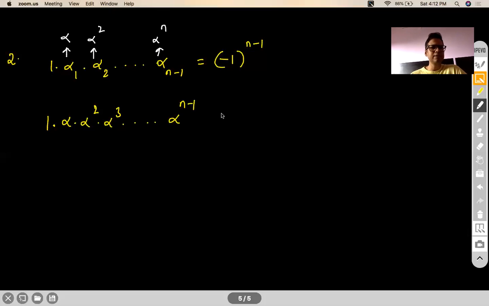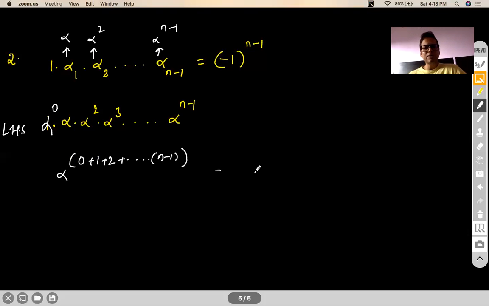Am I right? So the left hand side is going to give you this. If you collect all the powers of alpha, you can treat 1 to be alpha to the power 0. So if you collect all the powers, you'll end up getting alpha to the power n into n minus 1 by 2. Correct?